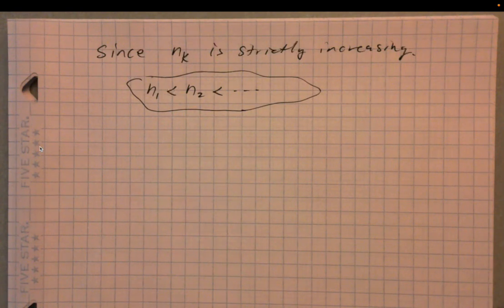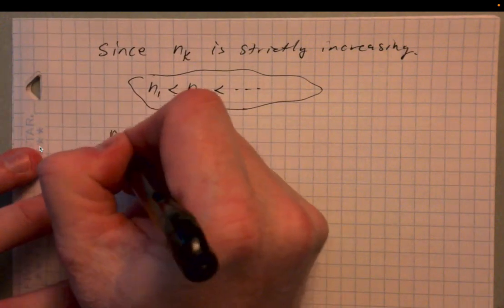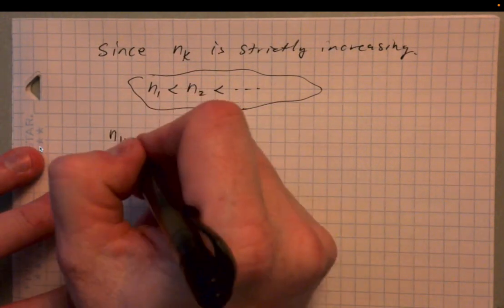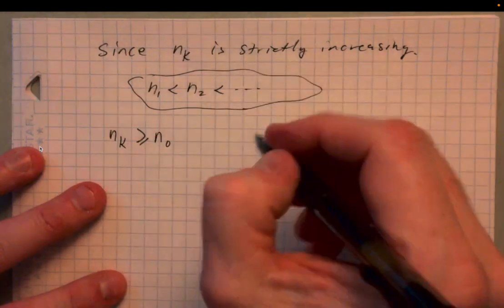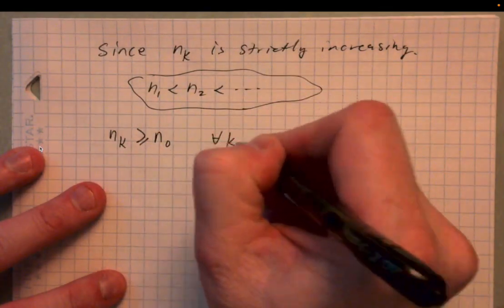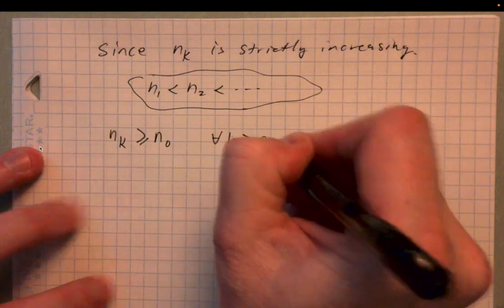Our subsequence is going to include terms that are gathered by subsequently moving forward. Okay. So since n sub k is strictly increasing, n sub k is greater than or equal to n naught for all k greater than n naught.